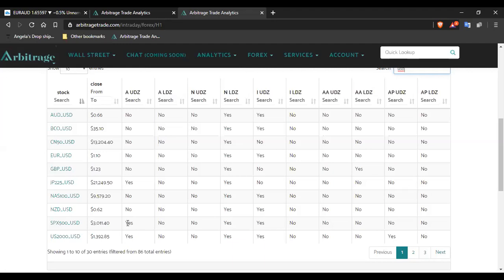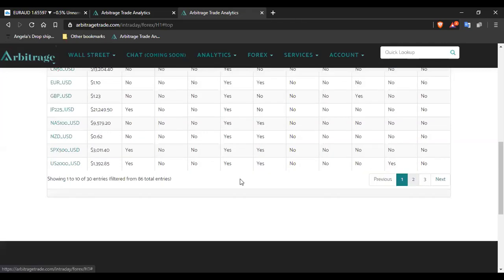The only thing, SPX 500 is at the upper danger zone on the 1 hour arbitrage band, so gonna be watching out for that, but that's not my focus right now.